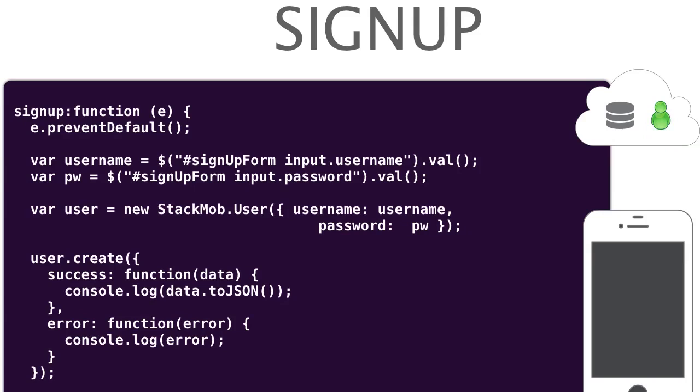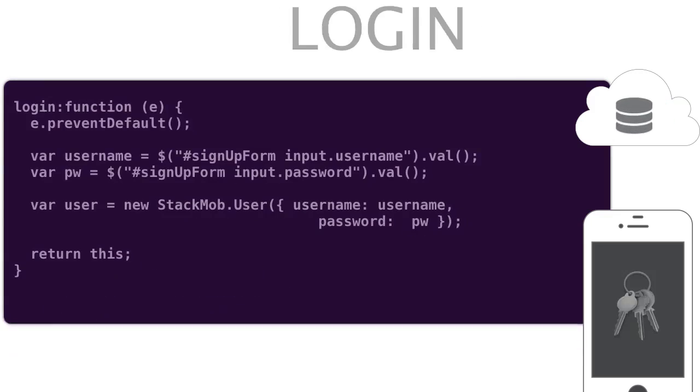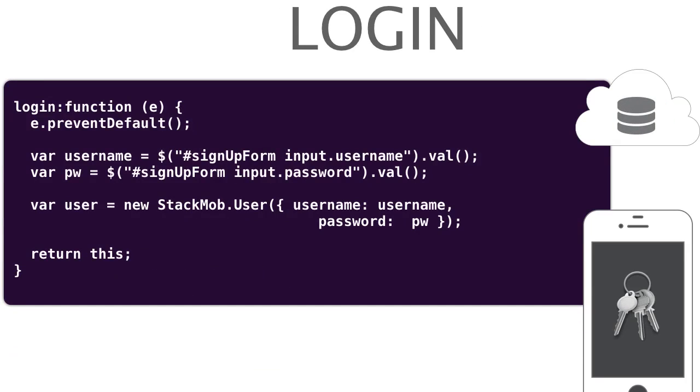Once you've created your new user object, you'll then say user.create, and inside of that you get a success and an error callback handler. When you want to log in your user, you'll write code that looks very similar, where you establish a username and password, and you set those inside of your stackmob.user object again.